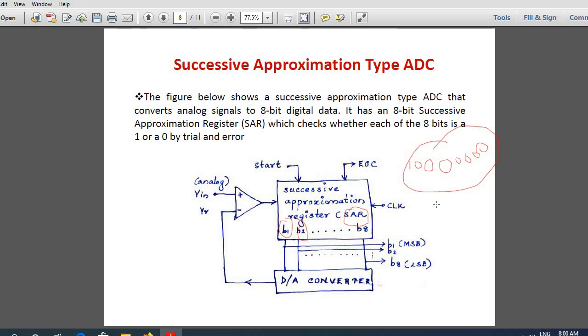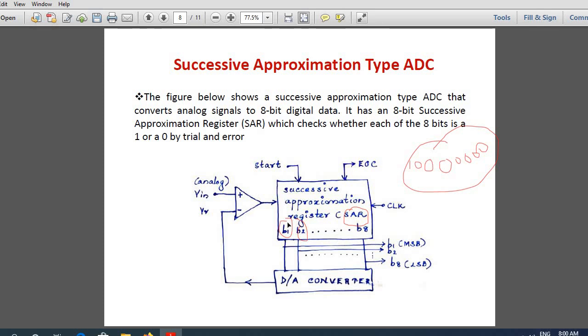Now, this data will be converted by the D to A converter. So this digital data will be converted to an analog value and compared with the actual analog signal which is to be converted. So you have a comparator here. To the positive of the comparator, you are providing the analog voltage which is to be converted.